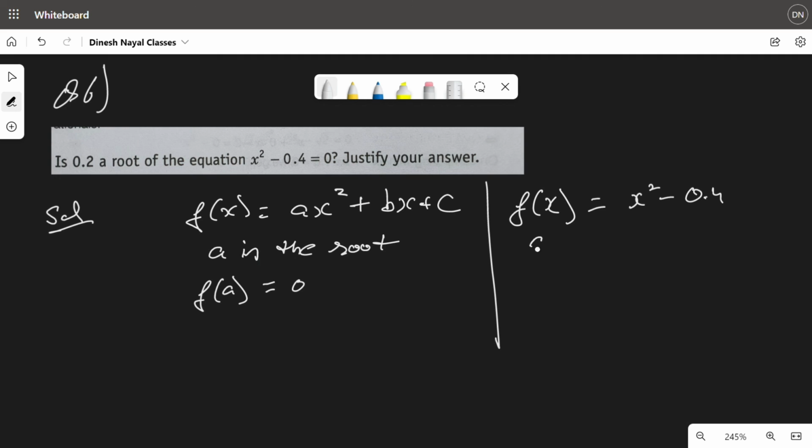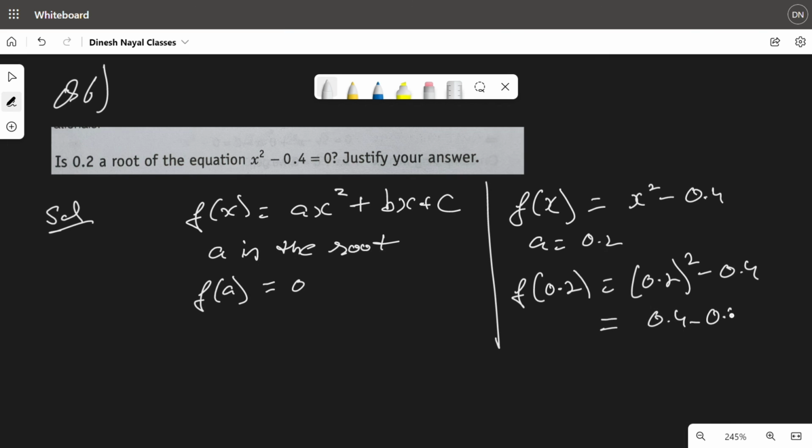Now what will be a? A is actually 0.2, so writing f of a as 0.2, this will be 0.2 whole square minus 0.4. So actually this is 0. No, I think there is a mistake. It's 0.2 whole square is not 0.4, it's actually 0.04.